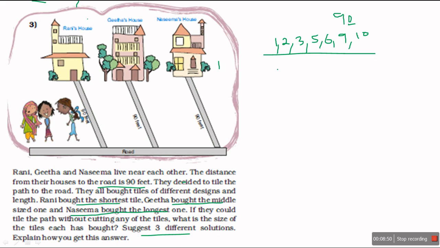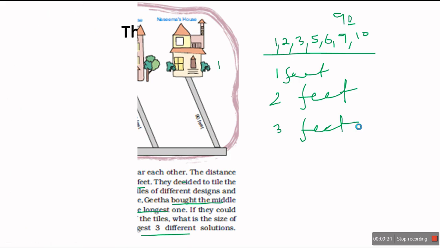So one can bring a 1 foot tile, second can bring a 2 foot tile, third can bring a 3 foot tile. Or they can bring a 6 foot tile, 9 foot tile, 10 foot tile. Or 3 foot tile, 5 foot tile, 6 foot tile. In this way they can bring three different tiles to fit in the area. So all this depends upon the factors of the number.